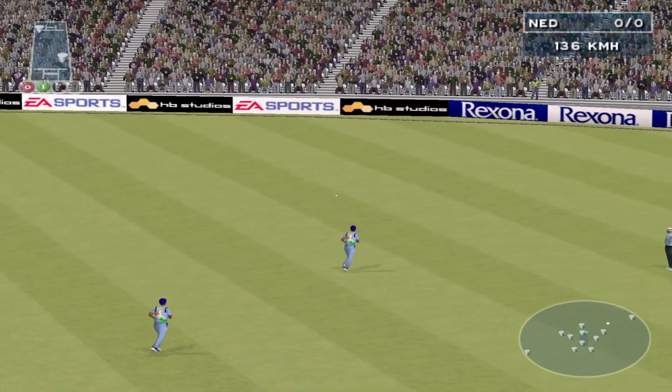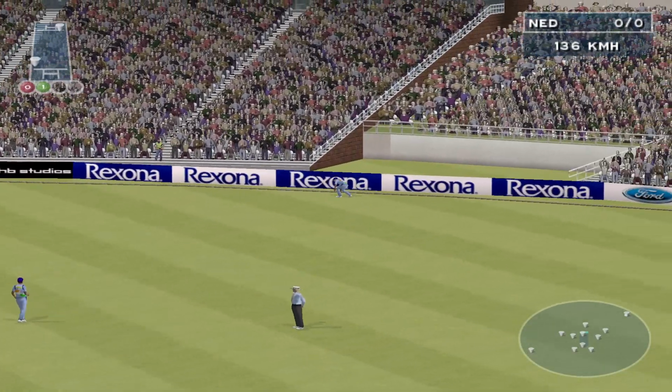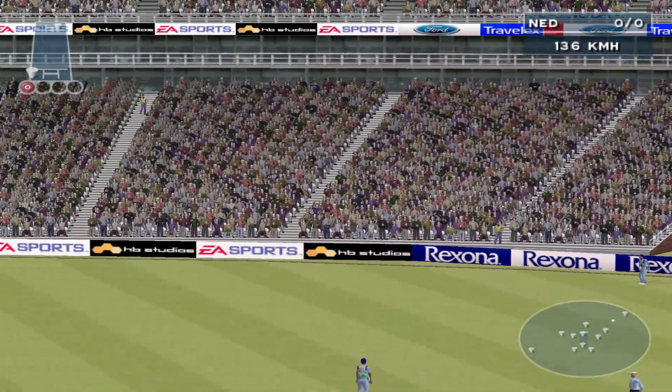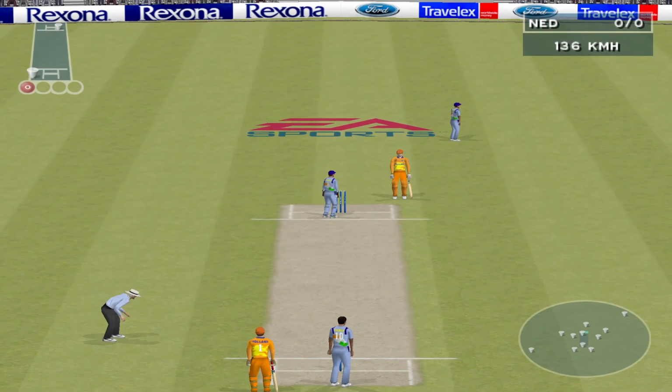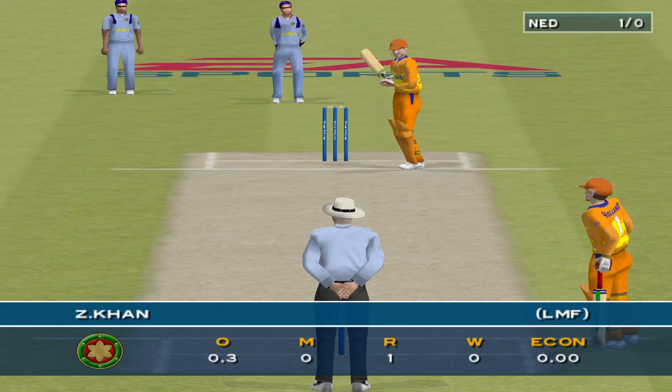Harbhajan Singh is chasing that one. He's worked that into the gap. The sweeper picks up. There's the first runs of the day for Netherlands.